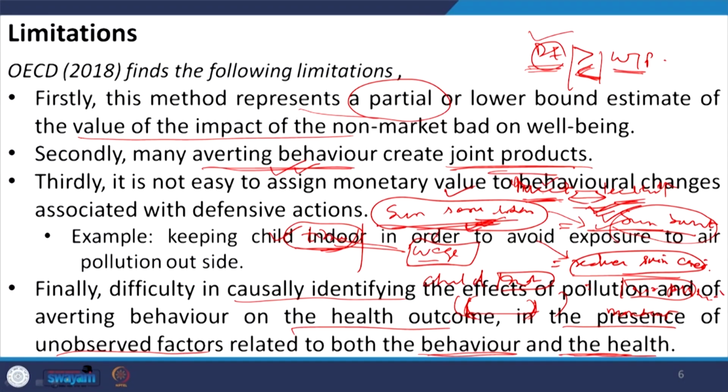health outcome. So, for example, we can extend the same example of children who are kept inside, right. We know that some children have a good immune system, a natural capacity to bear these pollutions, and some children are weak and cannot tolerate being exposed to the pollutions, right.